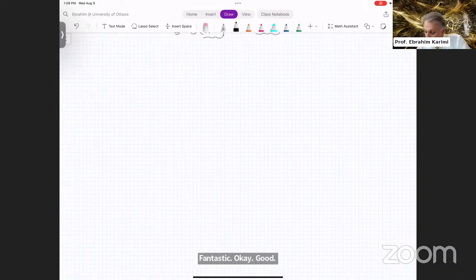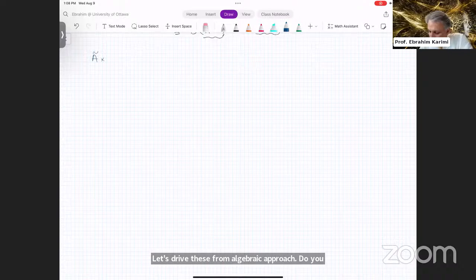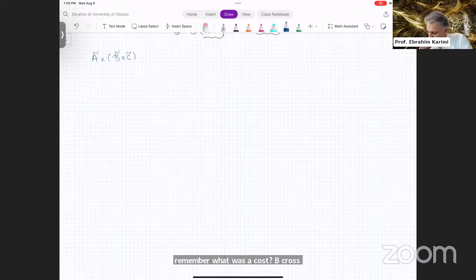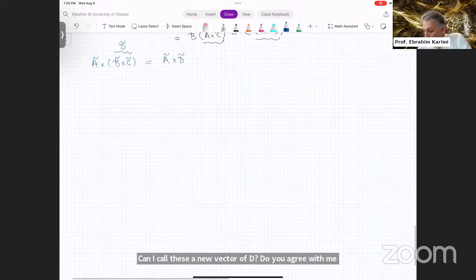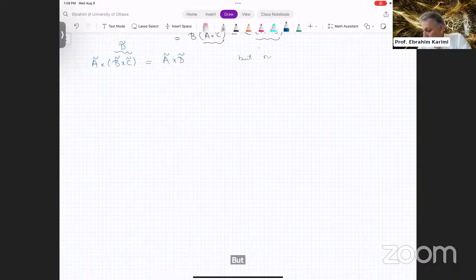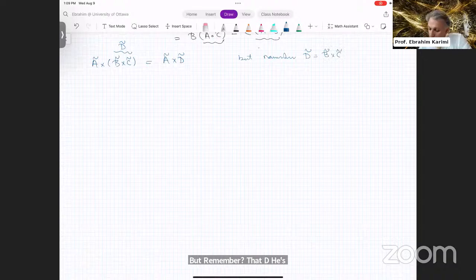Let's derive this from an algebraic approach. Do you remember what A cross B cross C was? Can I call this a new vector D? Do you agree with me? Okay. So this is essentially A cross D. But remember that D is B cross C. Lovely.